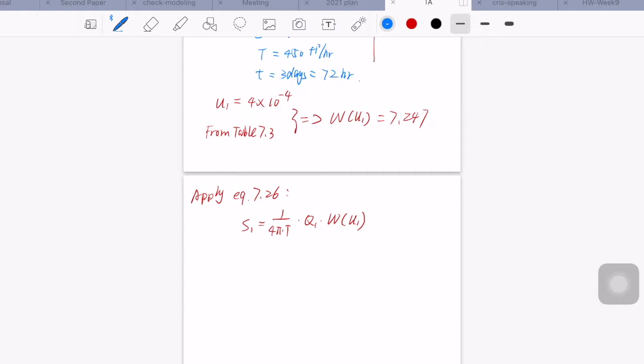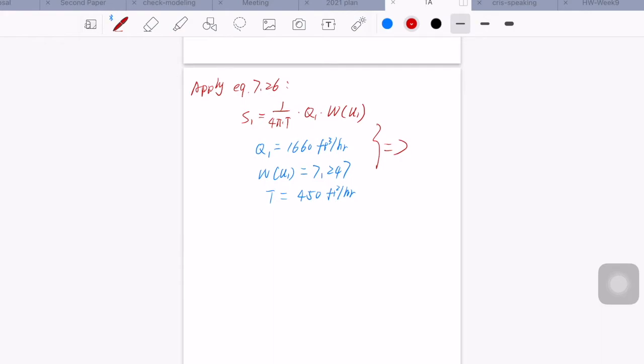We know Q1 is 1660 cubic feet per hour, W of U1 equals 7.247, and T is 450 square feet per hour. So we can determine that S1 should be equal to 2.13 feet.